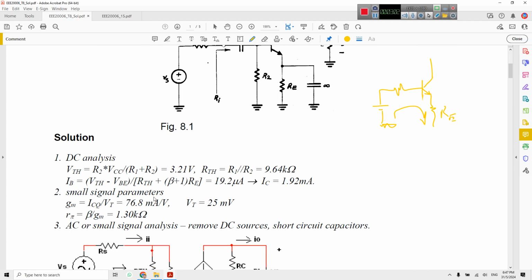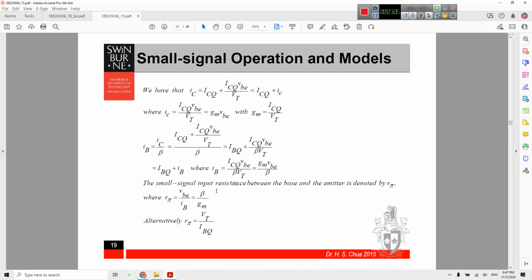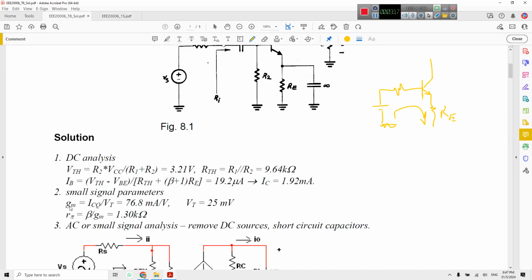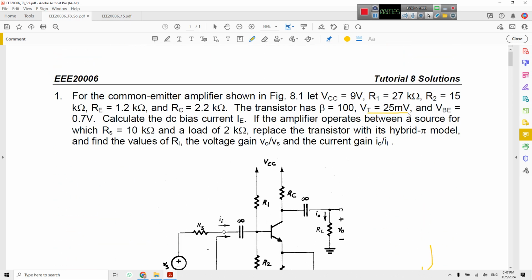Then the small signal parameters, of course, are available here. GM is IC over VT and R pi is beta over GM, or VT over IB. So IC we calculated, IC is 1.92 over VT, given as 25 millivolt.